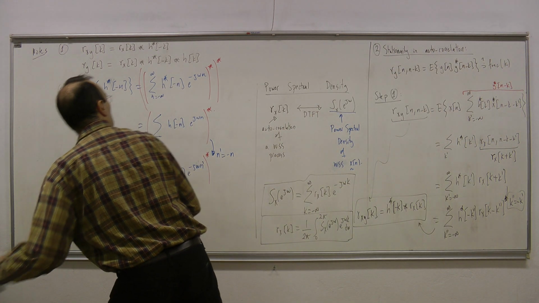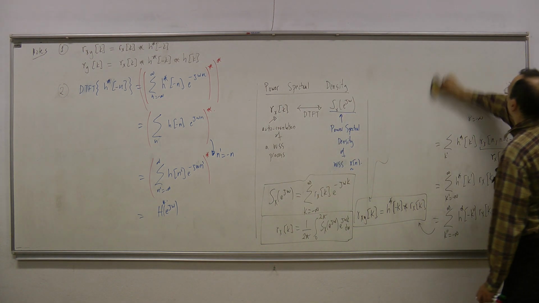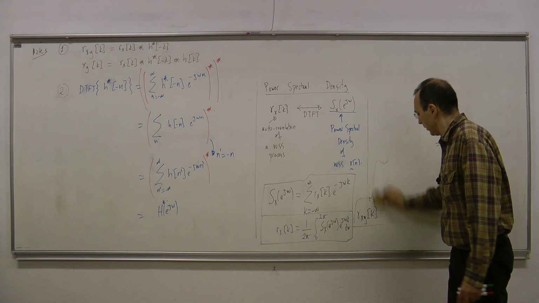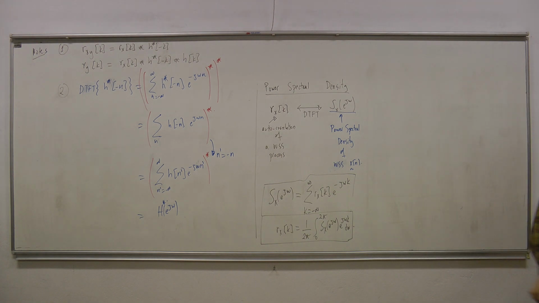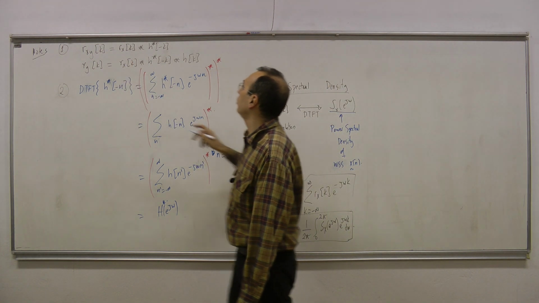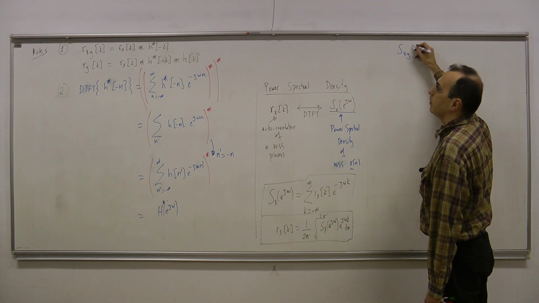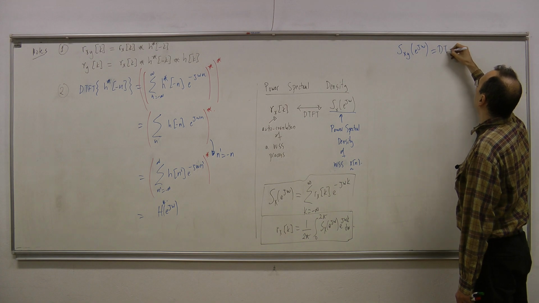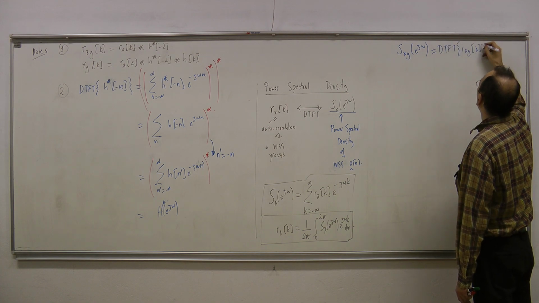Now if I have that, what do I have? If I substitute this result over here, then S, let's say xy, if I define something like that, this is the DTFT of Rxy of k.